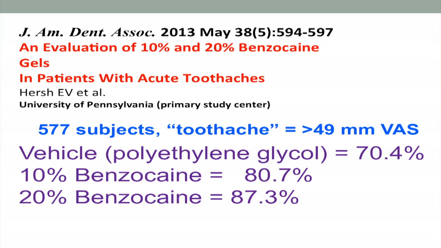The 10% formulation, 10% benzocaine, yielded results of almost 81% success, while the 20% or extra strength form of benzocaine resulted in 87.3%. Both the 10% and 20% benzocaine preparations are significantly effective for relief of simple toothache pain.